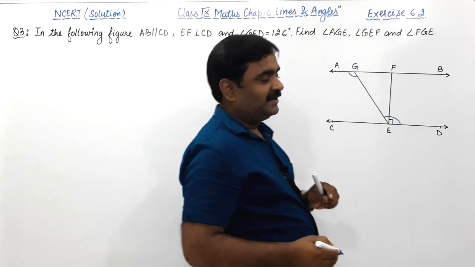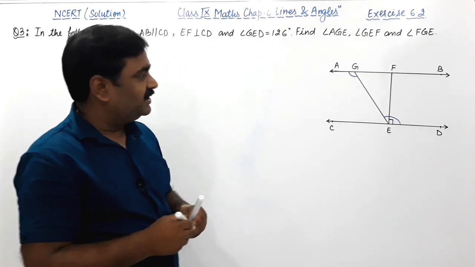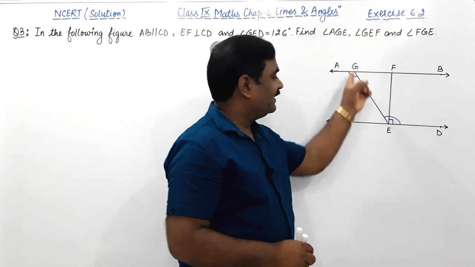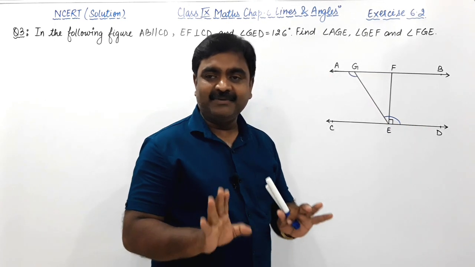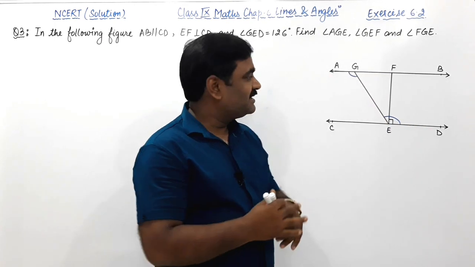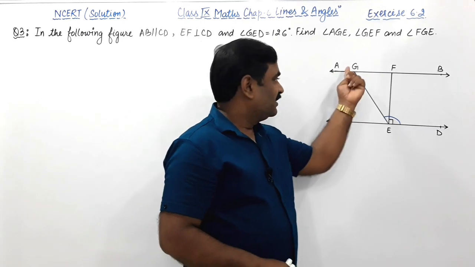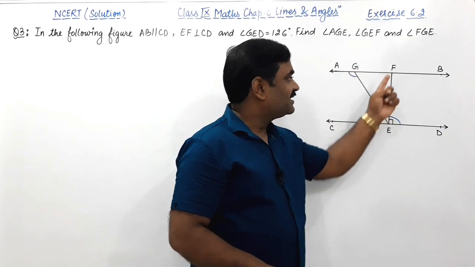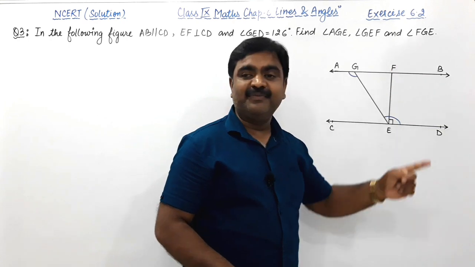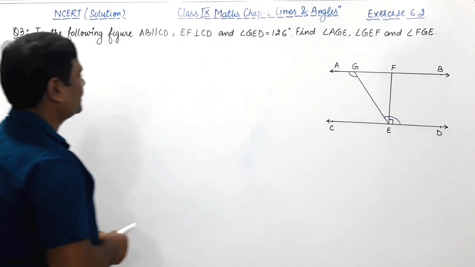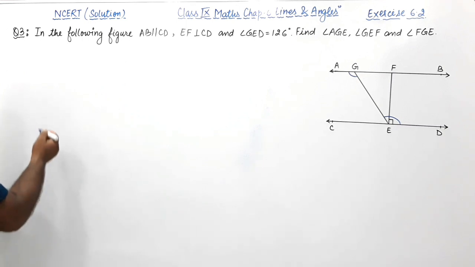So is there any relation between GED and AGE? Students, are you getting? As these two lines are parallel, there are two transversals in this figure. One transversal is GE and the second transversal is EF, right? So since AB is parallel, let us find the solution of this question.